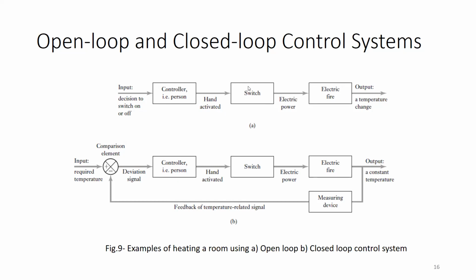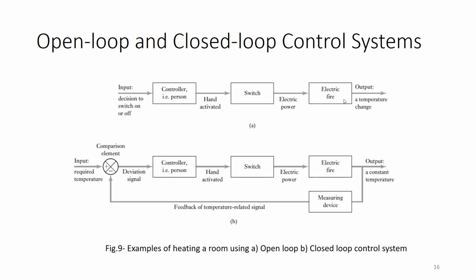Once you have switched on the heater, electrical power is the input to give some electric fire. So this is an example of electric fire. There we can directly use a relay also, or a resistance also, to heat the room, or some type of liquid oil also to heat the room. So electric fire will turn on once the power is given, and the output is the change in the temperature.